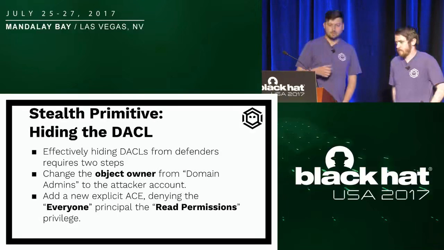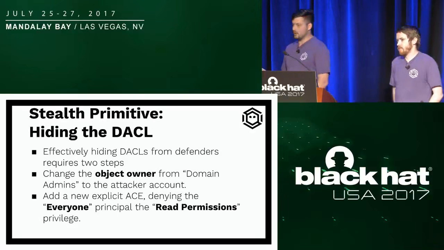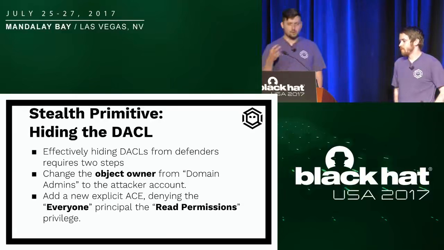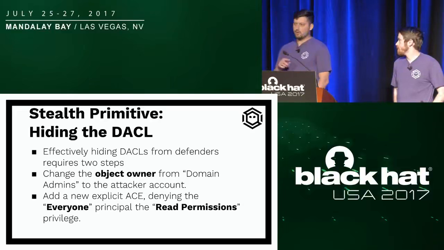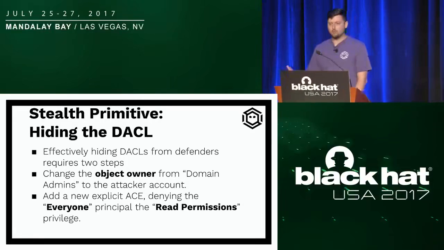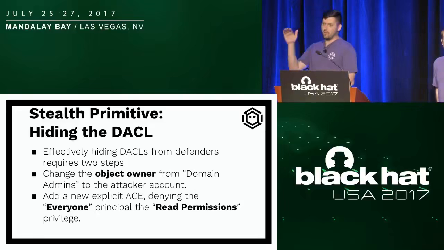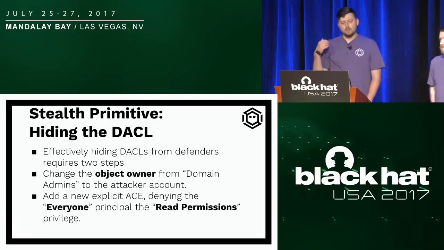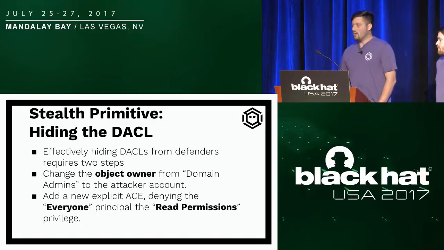The first of which is the ability to hide the DACL from enumeration by an auditor. This requires 2 steps. Will has made the point already that if I am the owner of an object, I retain all privileges regardless of what other ACEs exist on that user's DACL. So I need to change the object owner away from domain admins to some other principal.